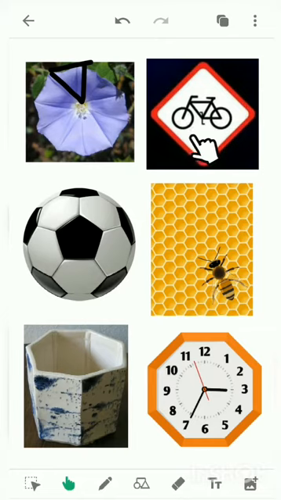What about this figure? This is a picture of a traffic signboard. It has 4 sides and it is a closed figure. Therefore, this is a real-life example of a quadrilateral.